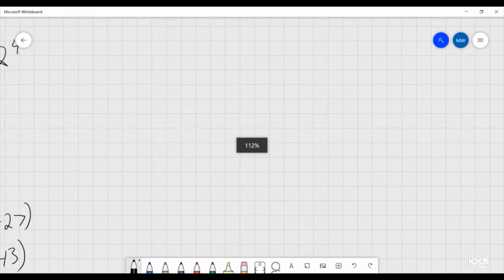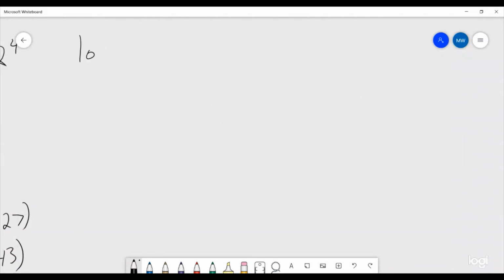Some other ones that we have are that if we have a number out front, like a 1/2, this is the same thing as putting that number in as an exponent of what we're taking the log base 3 of. So let's see, a nicer number might be 9 instead of 27.